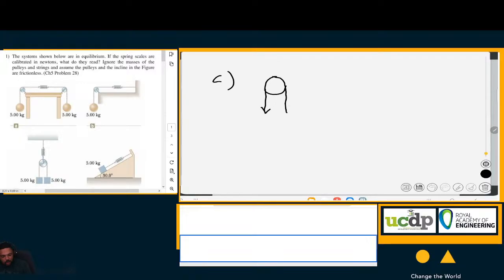Let's call the force on this side T1 for tension 1 and the force on that side T2 for tension 2. Or rather, since these are both 5 kilograms, how about we just call it T1 as well, because they are going to be equal, since they are both 5 kilogram masses. If they were not equal, we would have called them T1 and T2.